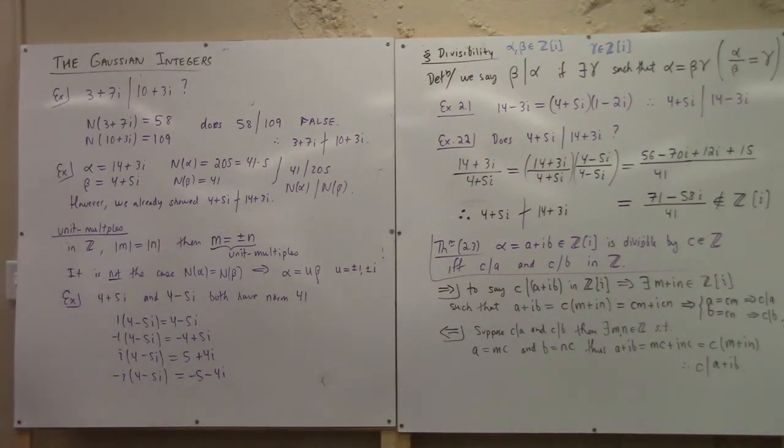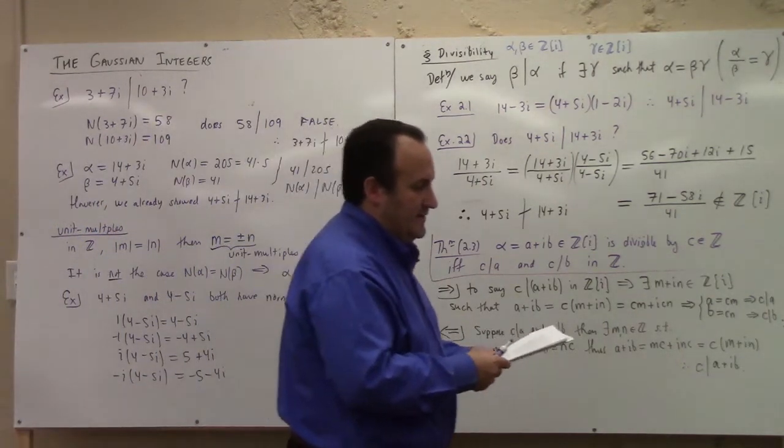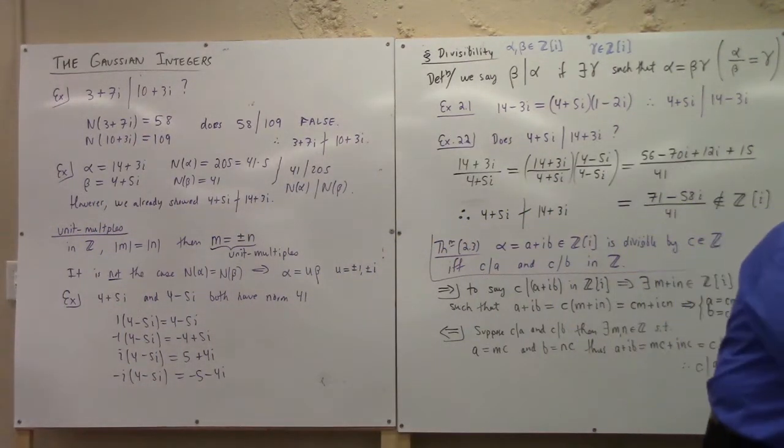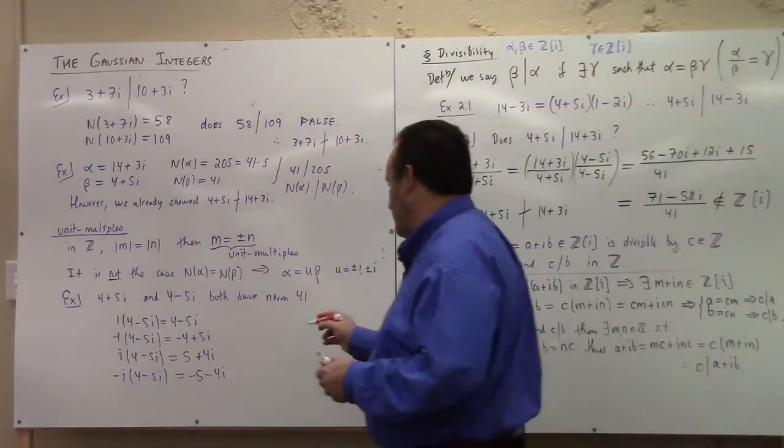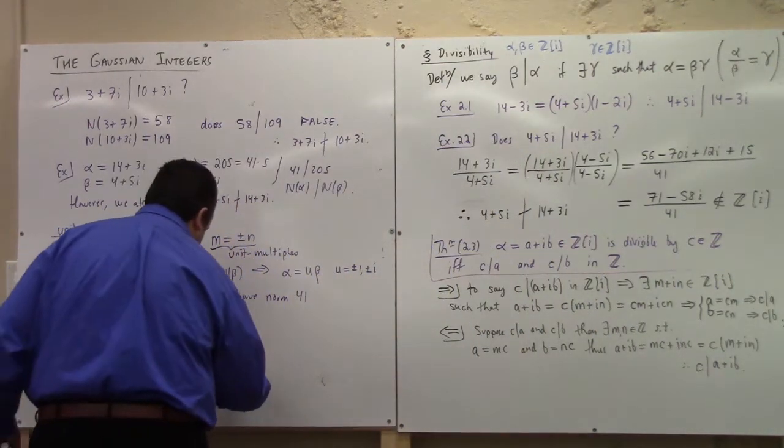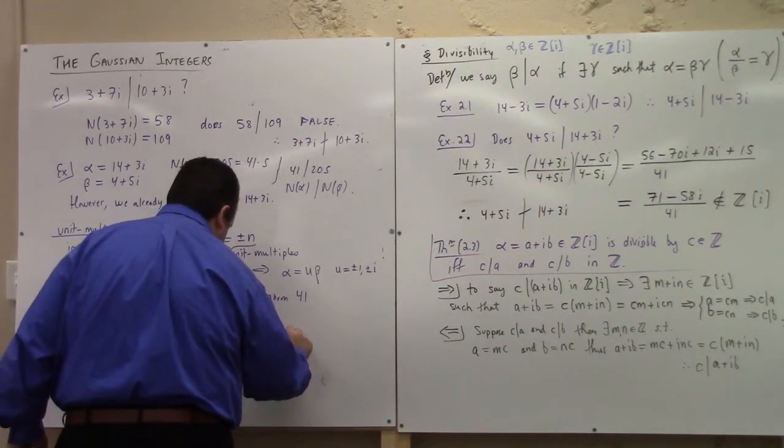Minus i times 4 minus 5i is minus 5 minus 4i. So you step back and look at it. Is 4 plus 5i in that list? You notice 4 plus 5i is absent, right?